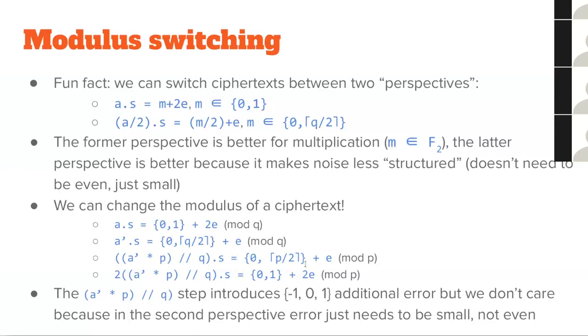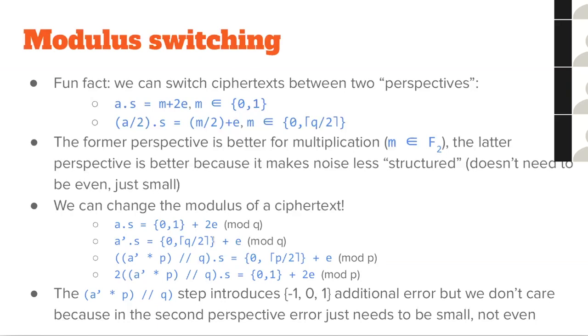So one example is that if you imagine, say, Q is 10,000 and P is 1,000, just for simplicity, then if A prime dot S here was, say, 50,000, or let's say 50,000 plus a bit of an error, then if you go down from Q by multiplying by P over Q, so P is 1,000, Q is 10,000, so you divide it by 10, your 50,000 just becomes 5,000, and 5,000 modulo 1,000 is still a 0.